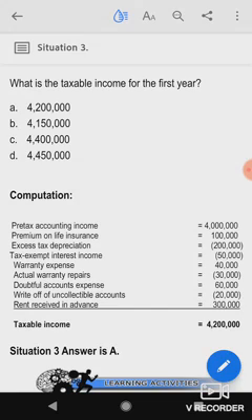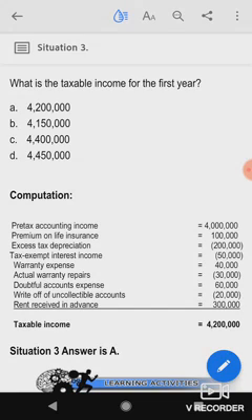Those will be added. Examples of what we add: rent received in advance is taxable, doubtful accounts expense is taxable, warranty expense is taxable, and premium on insurance is taxable.